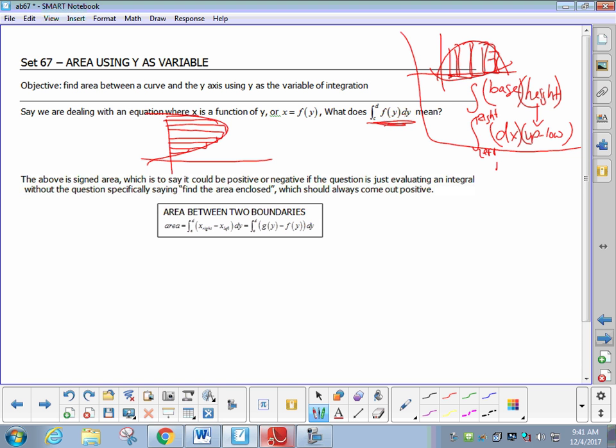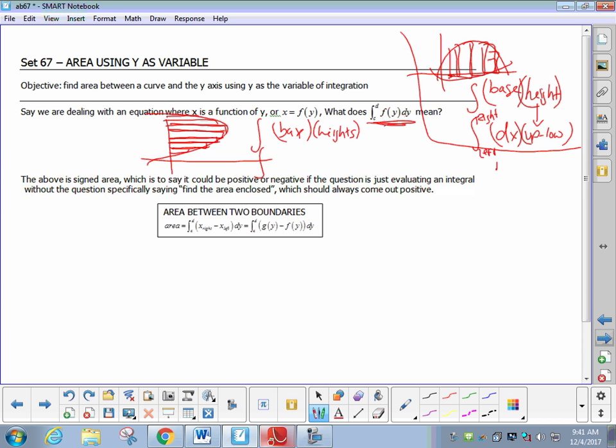Instead of vertically, we're going horizontally. And the integral, the bases, and the heights will be now very different. The base is going to be a horizontal distance. And we want to make it positive.